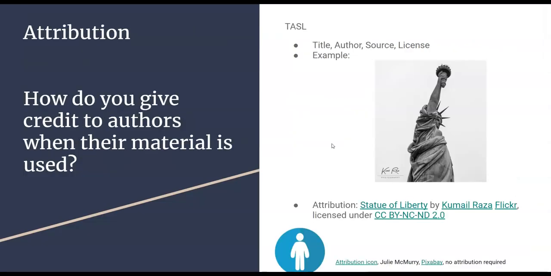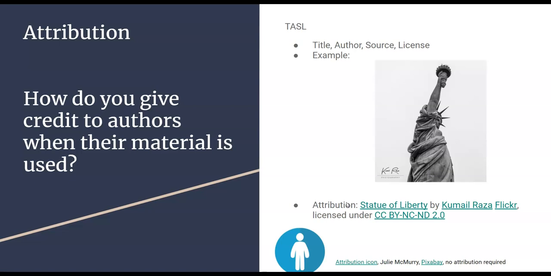All right, the next slide talks about, now that you've found this open education resource you love, how do you give credit to the author and to the source? So this acronym, TASL, stands for Title, Author, Source, and License. And the way you give attribution is to list as many of those as you possibly can. So down here I have an example. This was taken from a site called Flickr that has Creative Commons images.